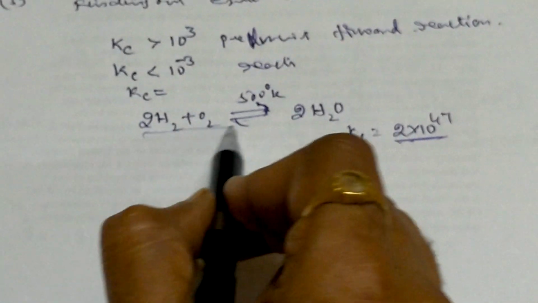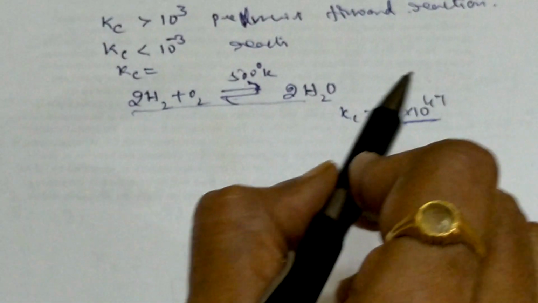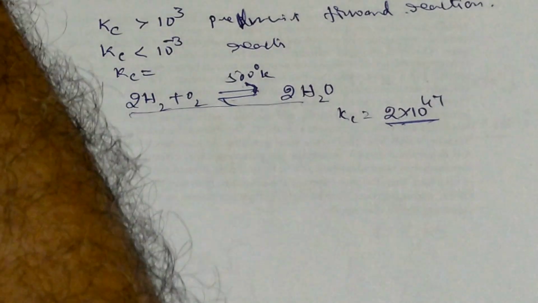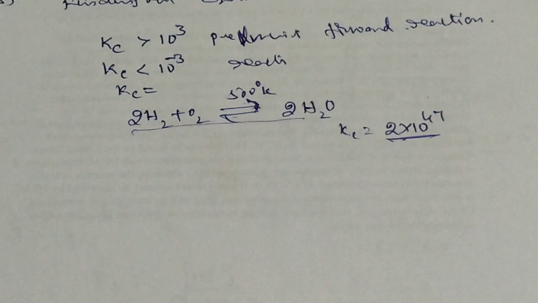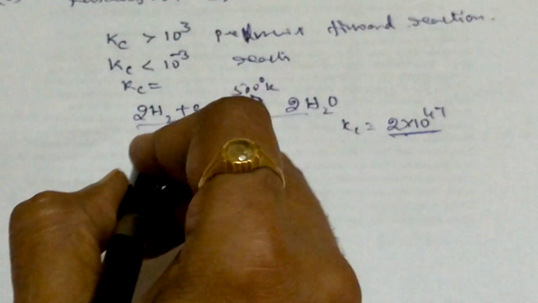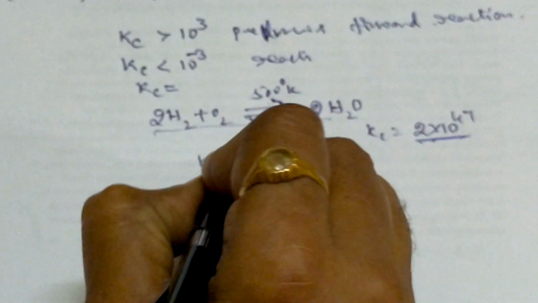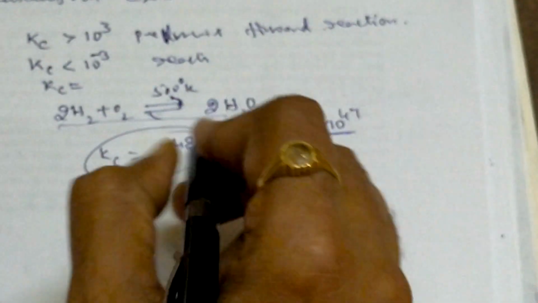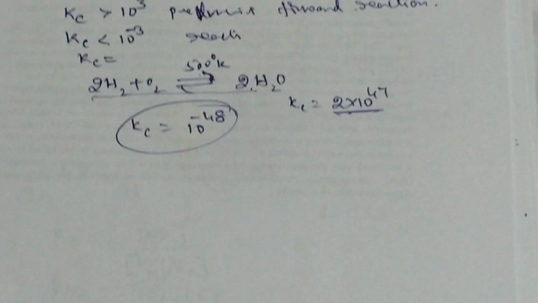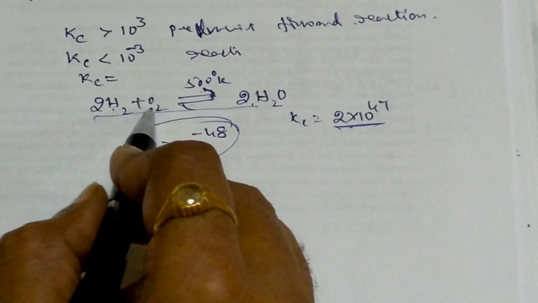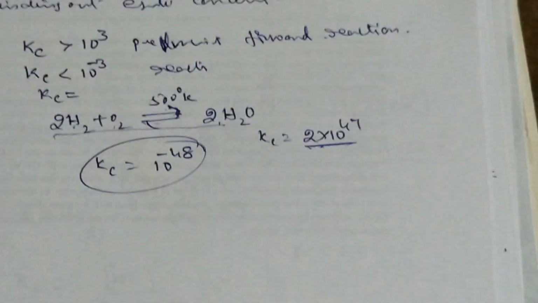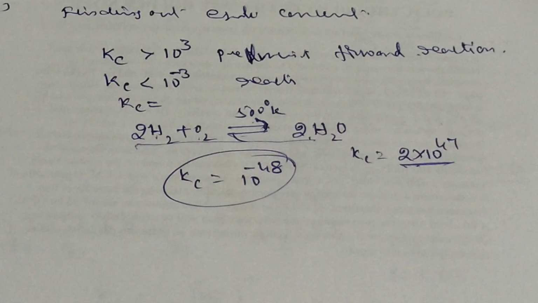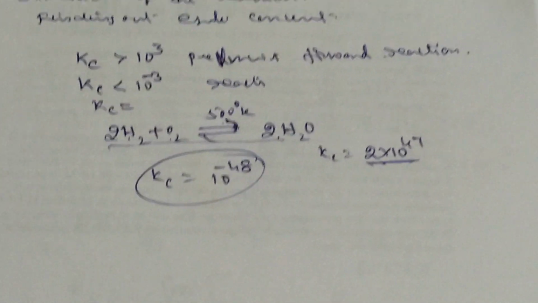That means at this temperature the reaction will move towards water. Take the reverse: water dissociating into hydrogen and oxygen. The reverse Kc is almost 10 power minus 48. That means water dissociation is very difficult, whereas at 500 degrees Kelvin, if hydrogen and oxygen meet, you will get water. So from the magnitude of Kc, we predict the extent of the reaction.